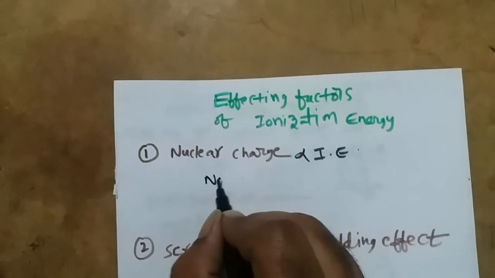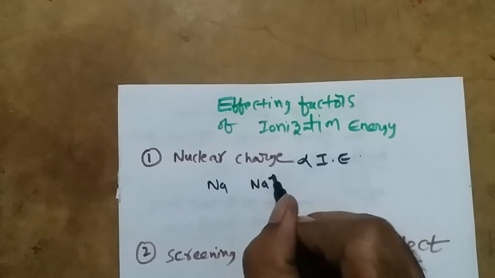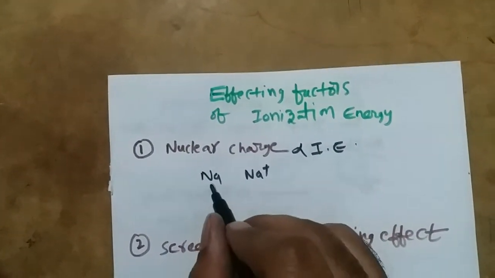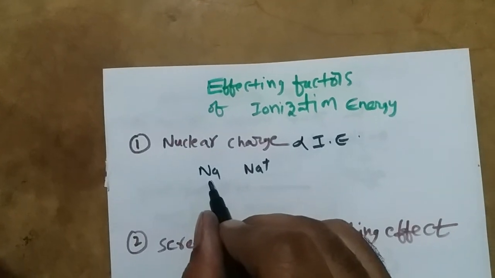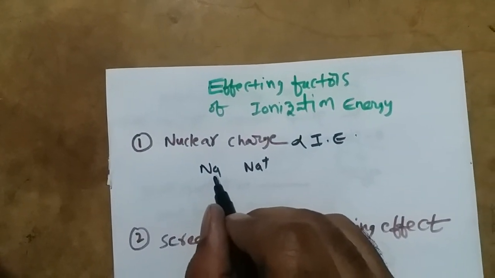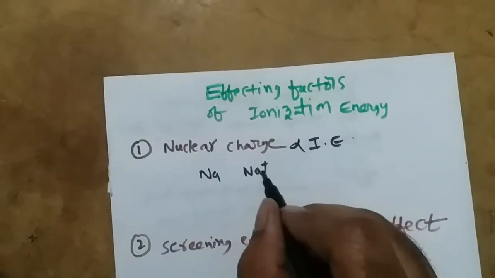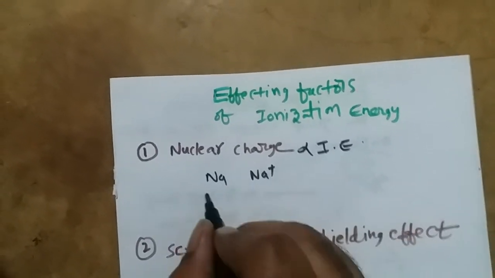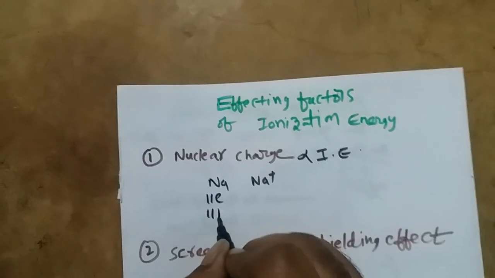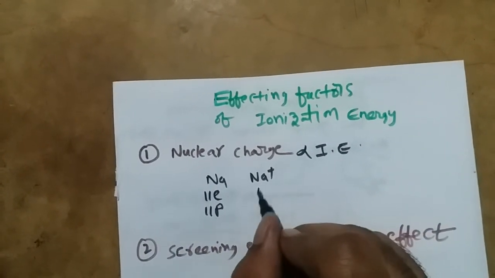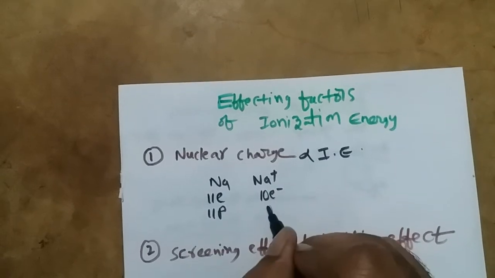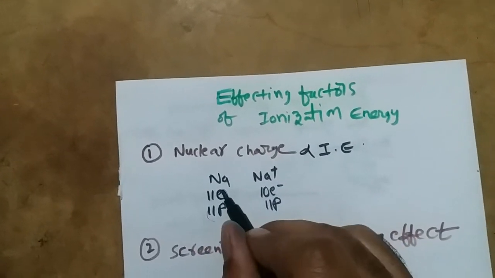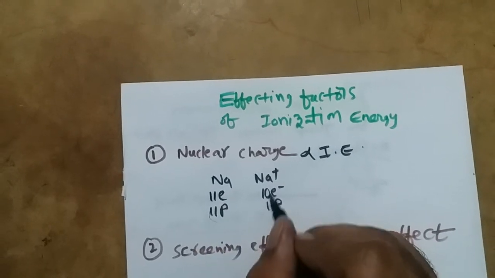For example, take sodium and Na+. To remove an electron from sodium is easy compared to removing an electron from Na+. Why? Because in sodium we have 11 electrons and 11 protons, but in Na+ we have only 10 electrons, while protons are still 11. Here 11 protons are attracting 11 electrons, there 11 protons are attracting 10 electrons.